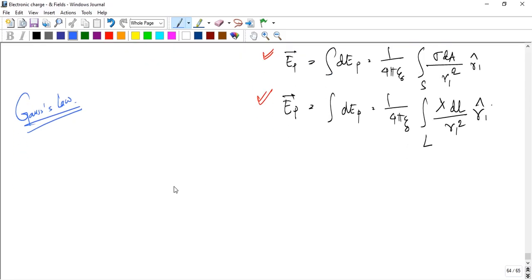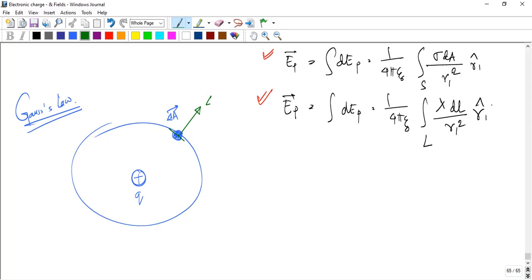Recall Gauss's law, the same topic discussed again. Here is a surface enclosing positive charge Q. Now consider a small amount of area, named delta A, with the area vector perpendicular to the surface.